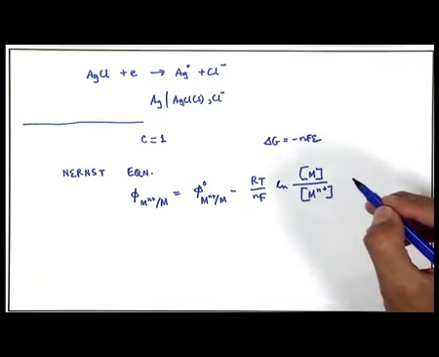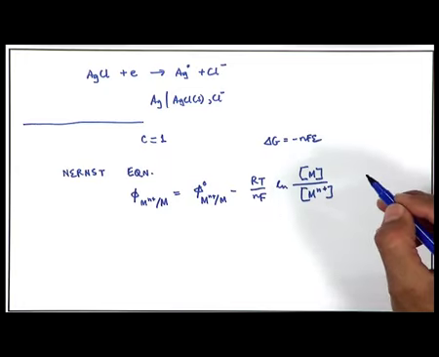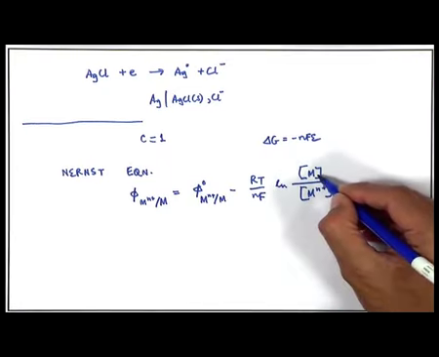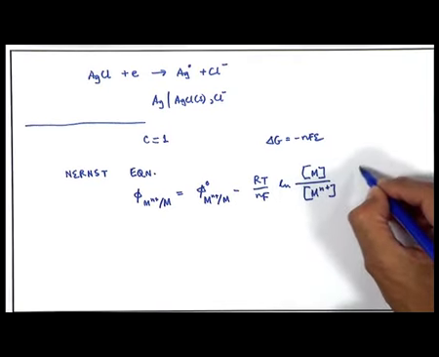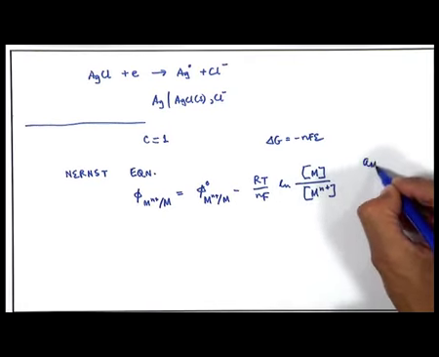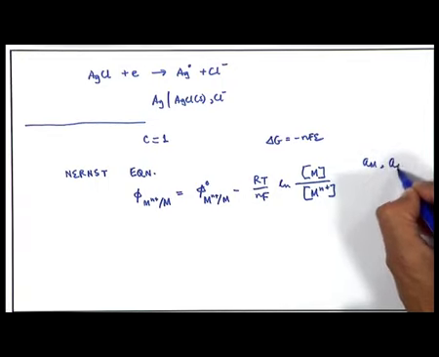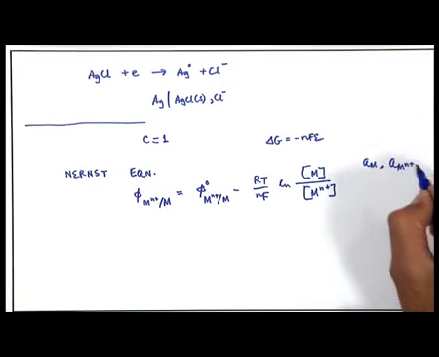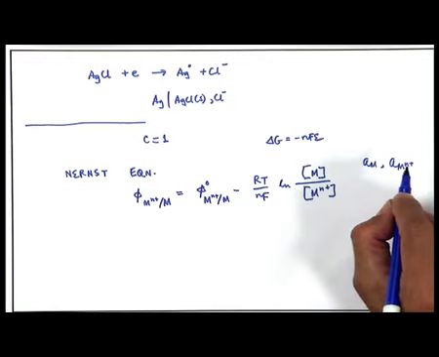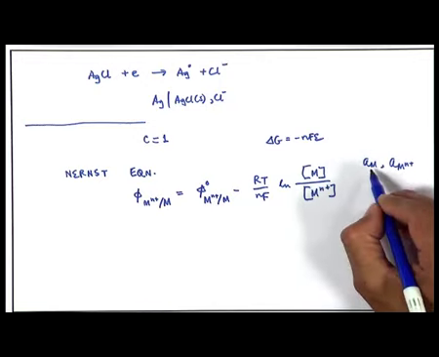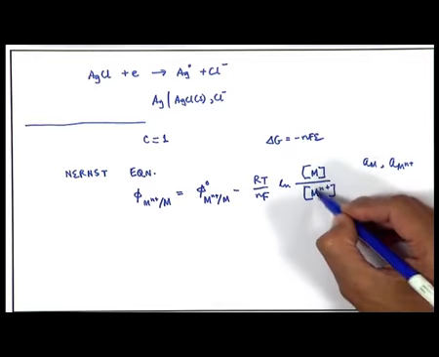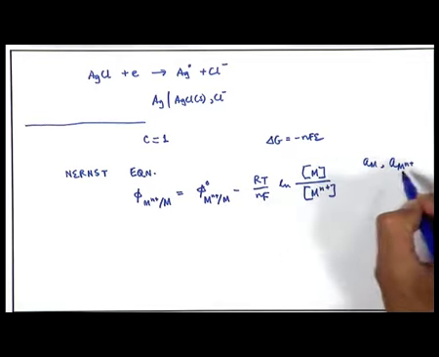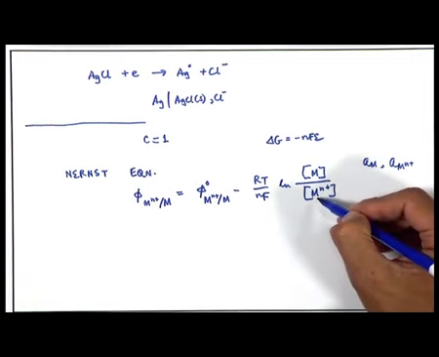Actually, the expression was developed with respect to the activity of M and activity of M^n+, but for dilute solution, you can replace activity with concentration. That is why we are writing like this. Otherwise, true expression is the ratio of the corresponding activities.